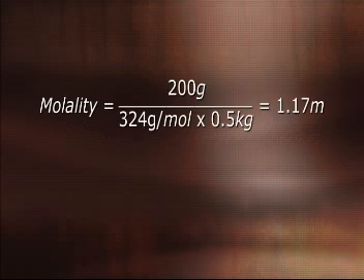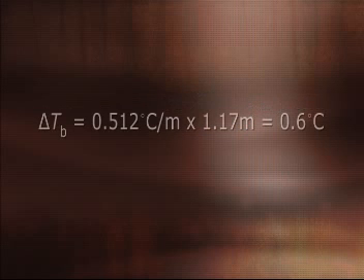200 grams divided by 342 grams per mole times 0.5 kilograms equals 1.17 molal. We can use this number in our original equation.